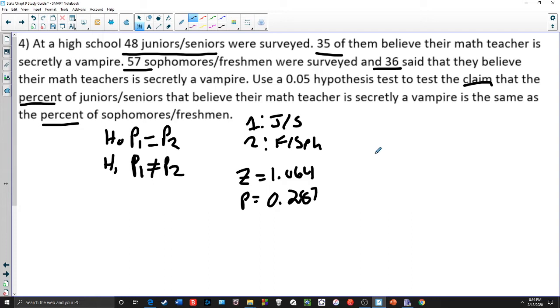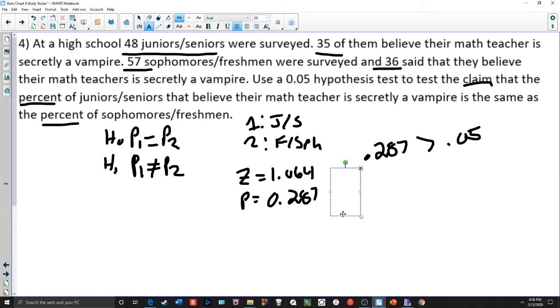So if we start to compare this, 0.287 is much bigger than 0.05. So what we'd say here, since our p-value is high, that means H0 is supported. So we'd say we fail to reject H0.